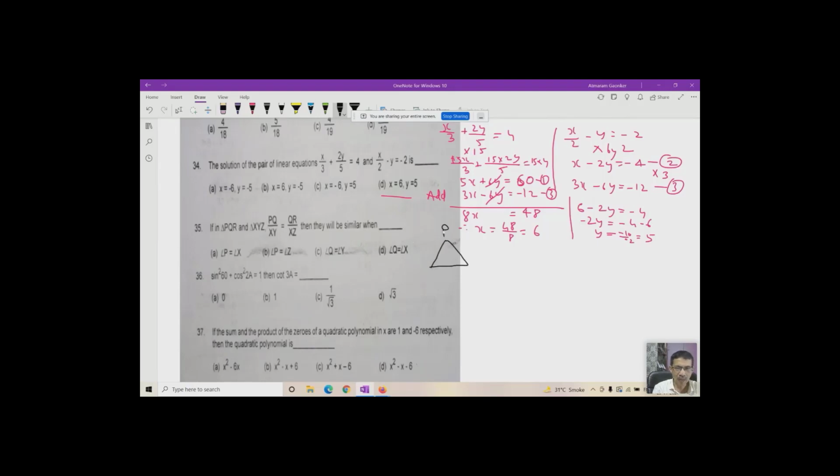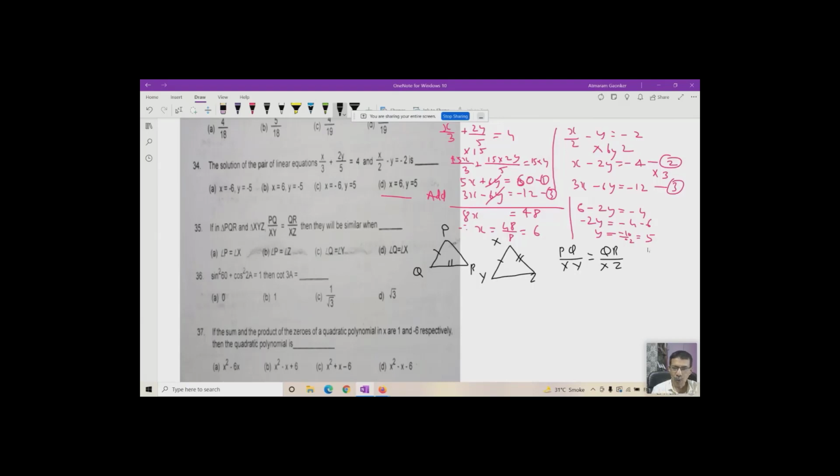One is PQR and another one is XYZ. Given here, PQ divided by XY, PQ and XY form one pair, is equal to QR divided by XZ. So QR is this and XZ is this.